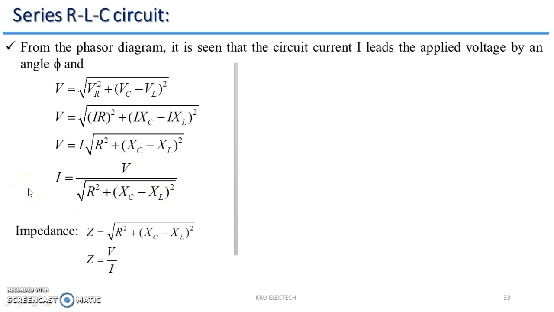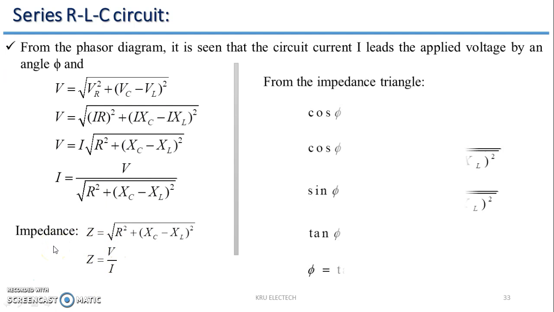Okay, so Z equals square root of R square plus XC minus XL, whole square, because XC is larger. So this is a positive value, because the square is there. So the impedance Z equals V by I, and you can directly say that V equals IZ.